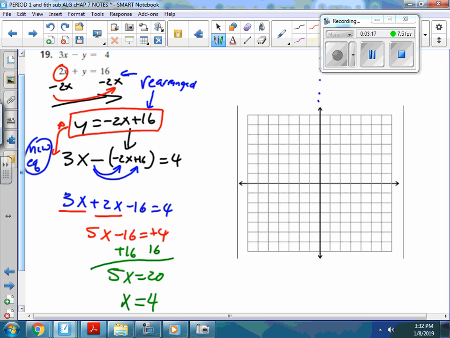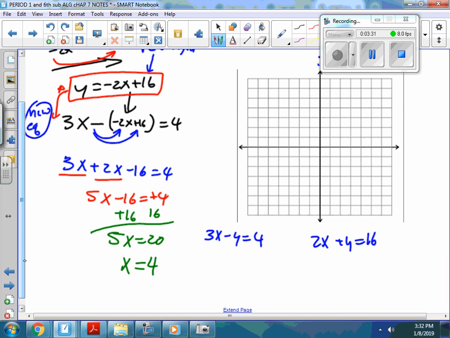Okay, if we go back to the original equations, 3x minus y equals 4, and 2x plus y equals 16, we sub in our 4 to get our y value. Let's see what happens.